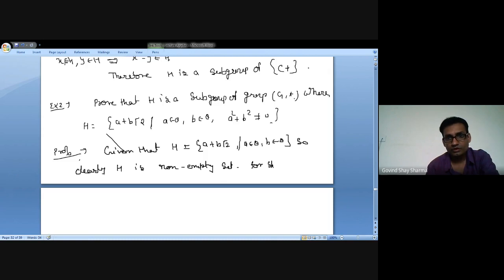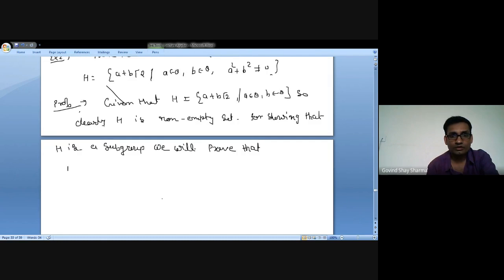For showing that H is a subgroup, we will prove that x belongs to H, y belongs to H implies x y inverse belongs to H. This is the theorem we already proved: if a belongs to H, b belongs to H, then a b inverse belongs to H. An important theorem.